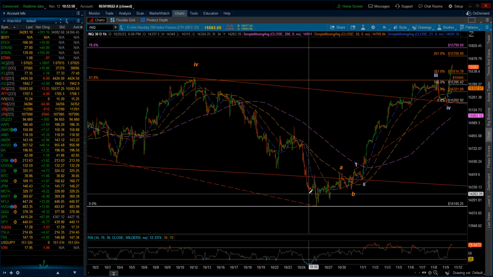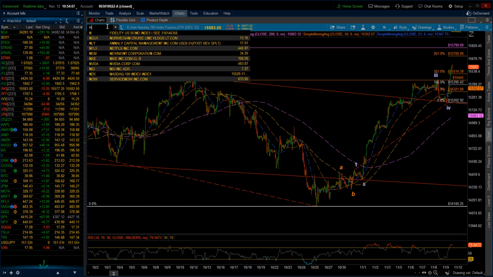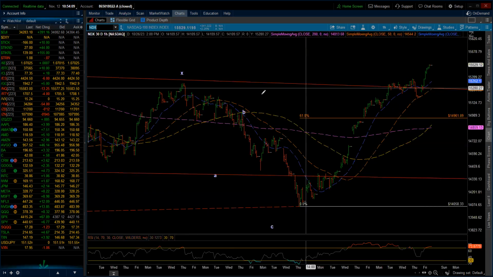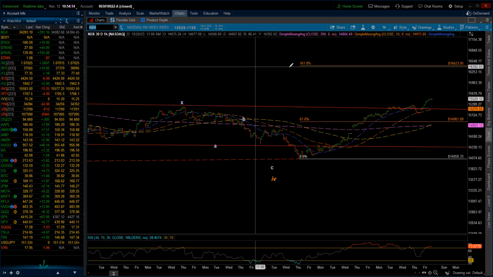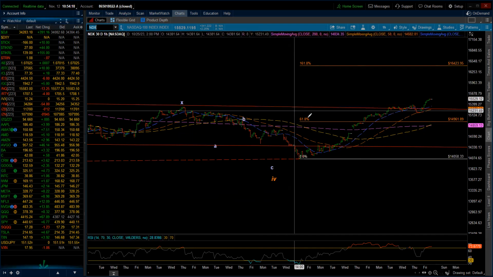Or is the money flow going to continue to push, and we're going to end up in the alternate count? If we end up in the alternate count, we're looking much higher.